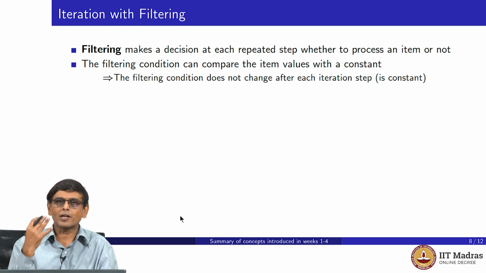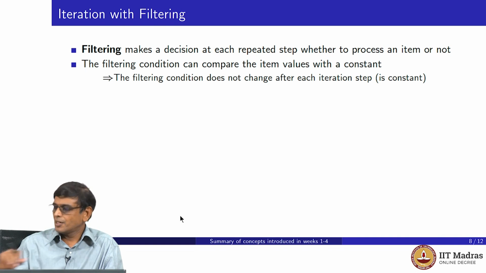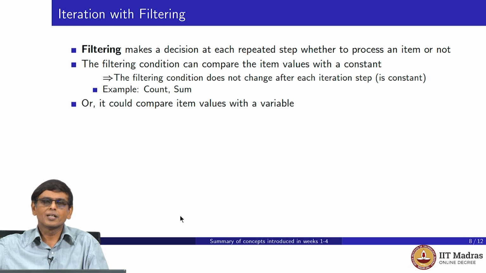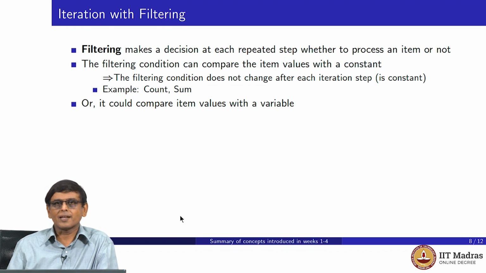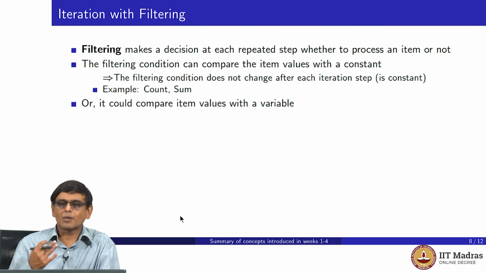You are comparing with 25 and that comparison with 25 is not changing from one step to another. Examples of using this are counting the boys marks, adding up the boys marks and so on. These kinds of things are examples of comparison with a constant. Constant means you are checking whether the gender is male, for example, in this case.